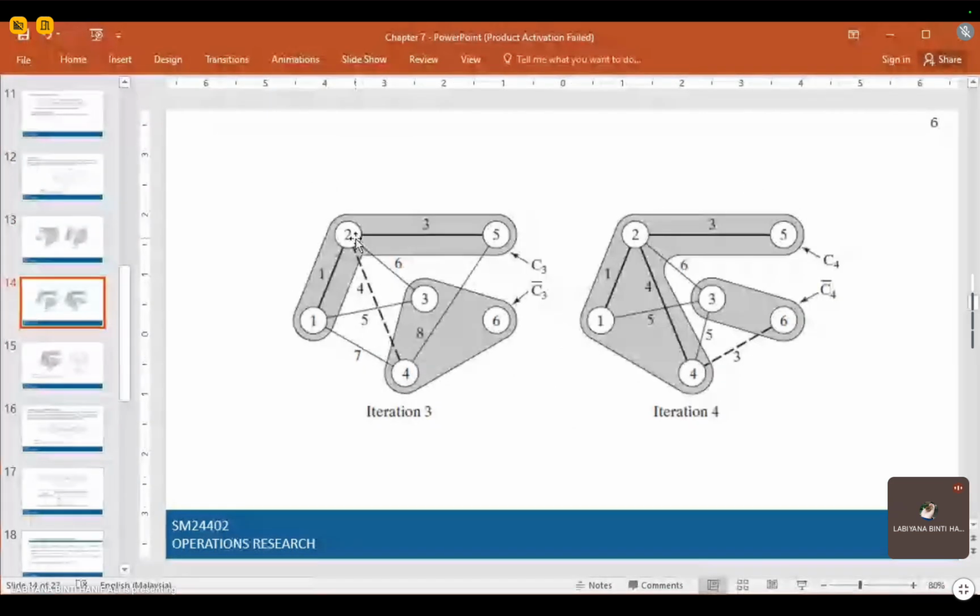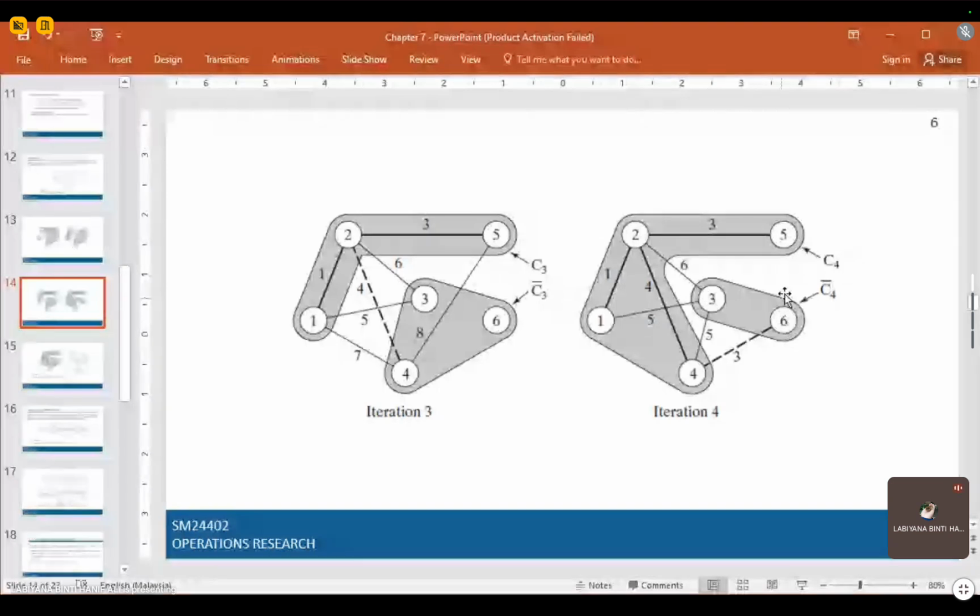So from here we again find our shortest link. We get that 2 to 4 is the shortest one. So in the fourth iteration, our C4 will be 1, 2, 4, and 5. So we only have C4 bar, which is 3 and 6.